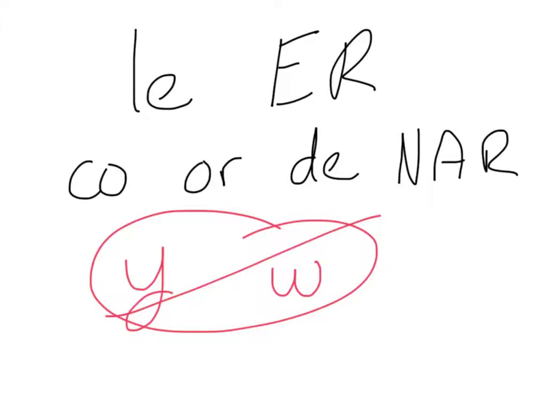One of the common things you might pick up from English would be the use of the y or w sound, like leer. You don't want that y to sneak in there. Or coordinar, like coordinate. And you can hear that W sound, so try to pull that out. It's leer, coordinar.